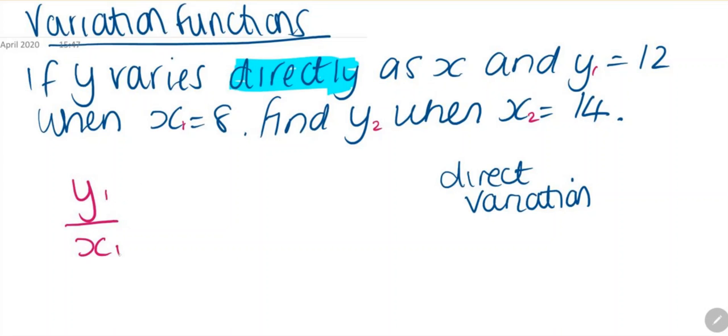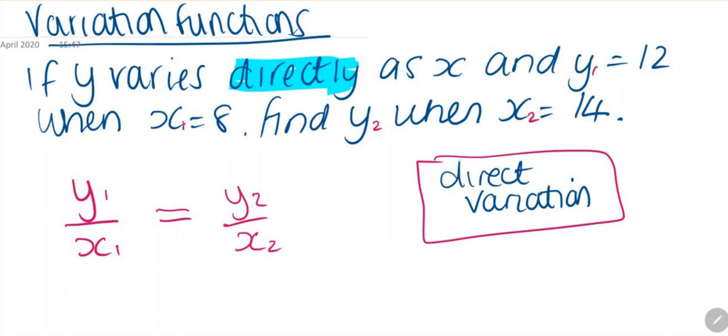So y1 divided by x1 has a constant k, and y2 divided by x2 also has a constant k. So they're both equal to k, so we make them equal to each other: y1 divided by x1 is y2 divided by x2. And this is the direct variation formula.